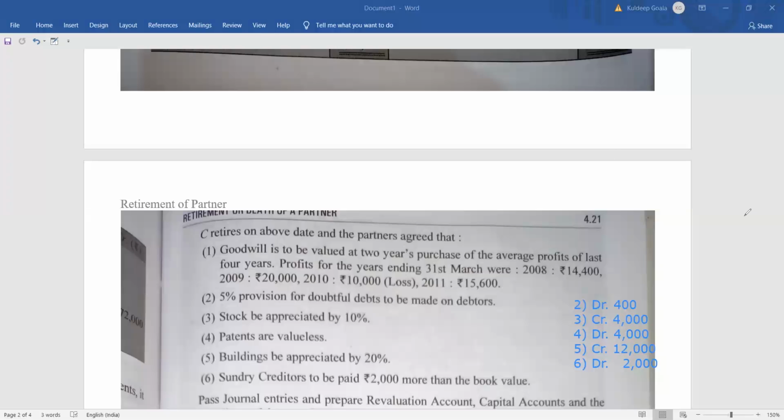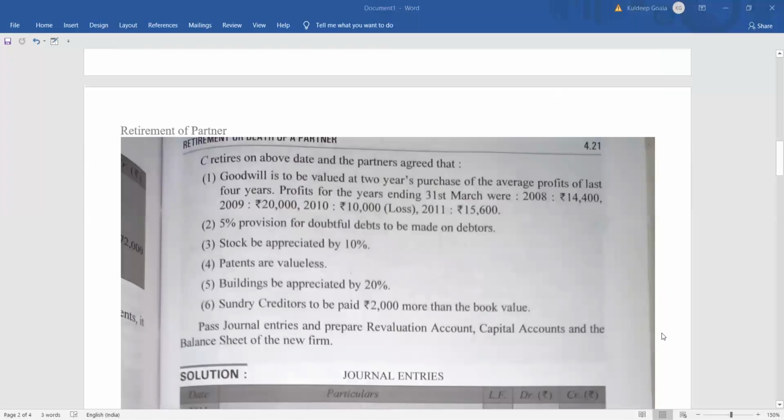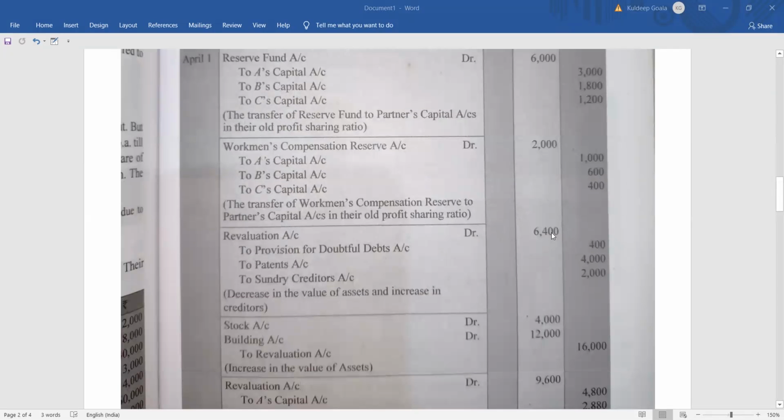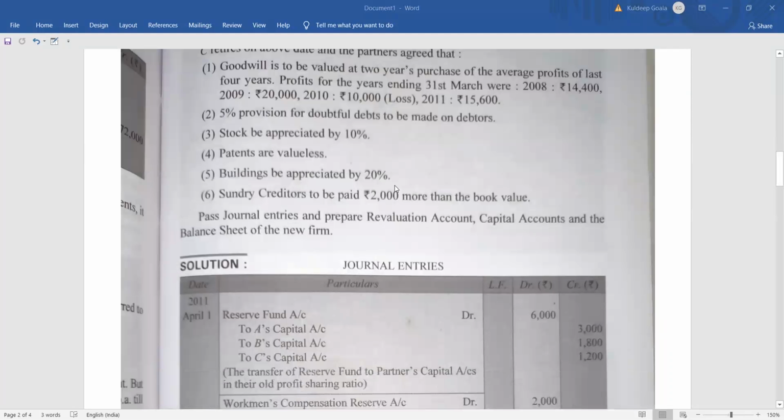Okay, so I'm just erasing it so we can see that here we have done revaluation account debit 6400, to provision for doubtful debt 400, to patent 4000, to sundry creditor 2000. Accordingly, in case of building and stock, we are appreciating.